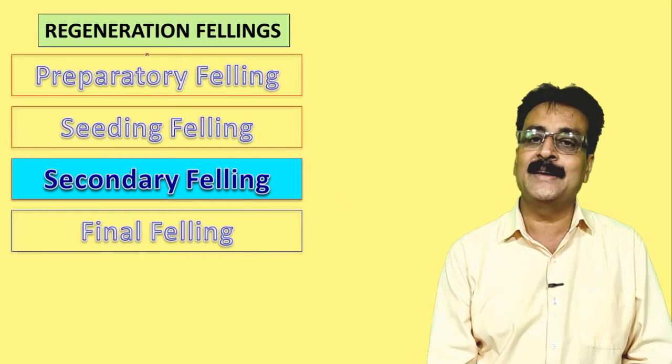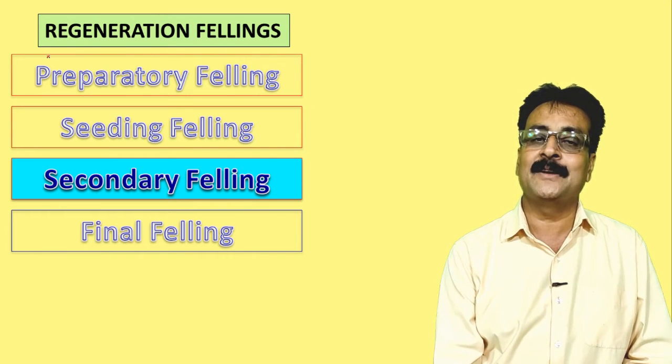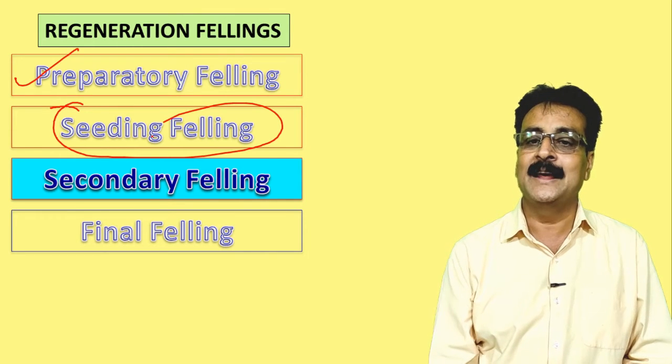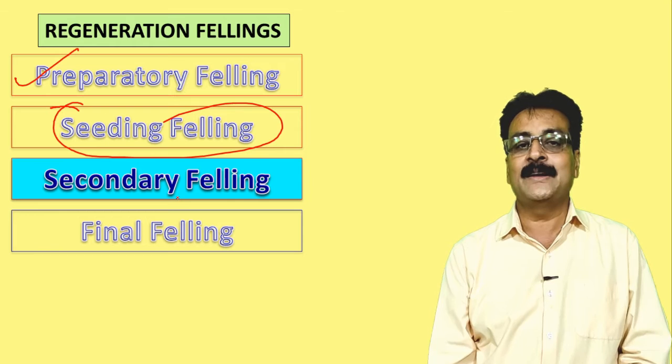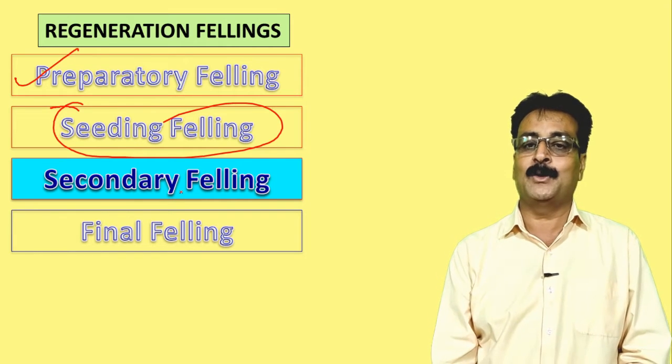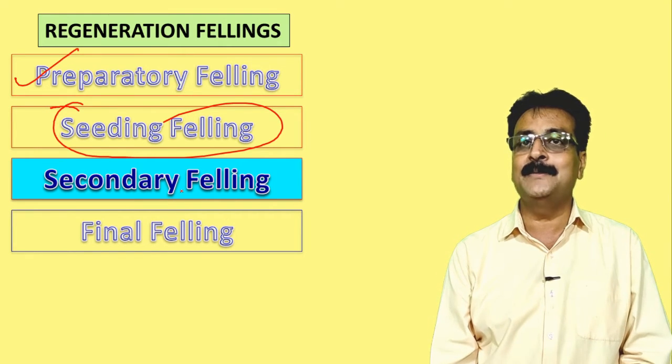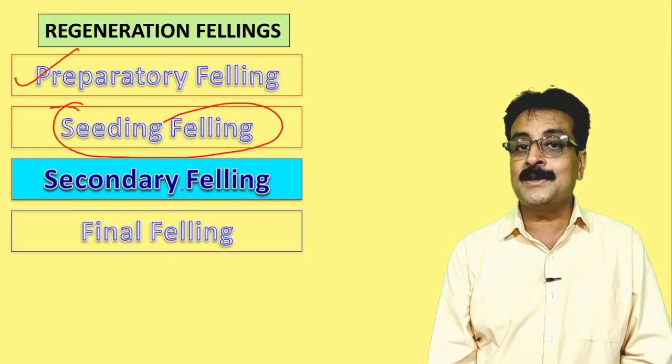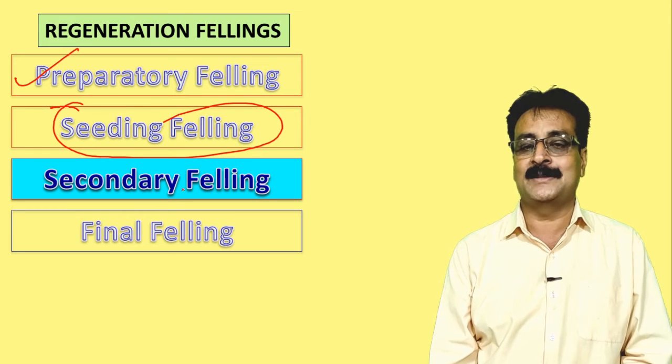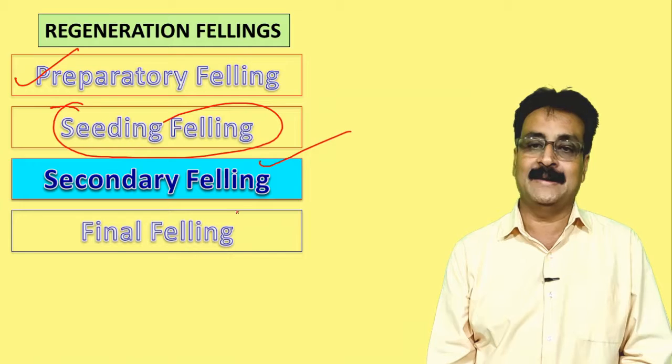So regeneration felling, as we have discussed the preparatory felling, we have discussed the seeding felling. Now let's discuss seeding felling. We have understood what trees are to be retained as seed bearers, what is the position, and what is the distance among the seed bearers. Now we'll come to the secondary felling.